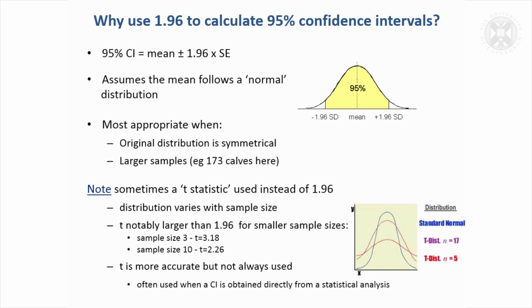If you're calculating by hand, people often just go with the 1.96, regardless of the sample size, but it's just to make you aware there are slightly more accurate ways of calculating confidence intervals, particularly for smaller sample sizes. If you're getting it out as part of doing an analysis, the statistical package will probably use one of these t-statistics, which can be a bit different to 1.96 if you've got very small sample sizes.